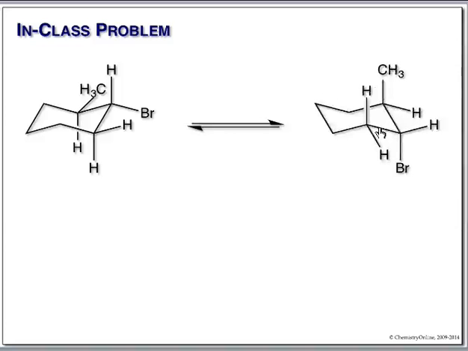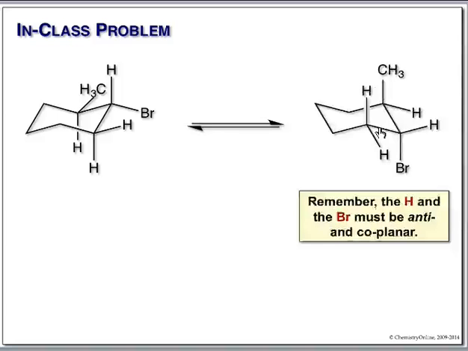But when we do that, this hydrogen is equatorial and this is axial, so you can't do the elimination here. The only axial hydrogen is this guy. Therefore, this and this react.